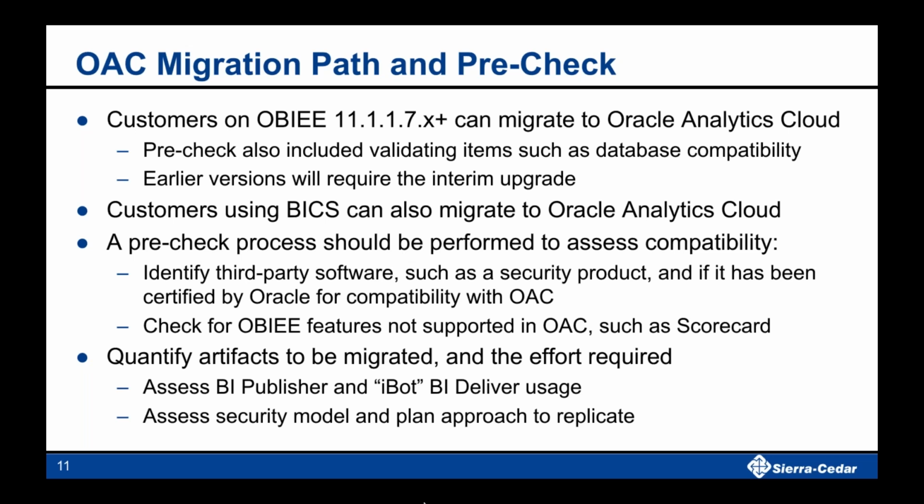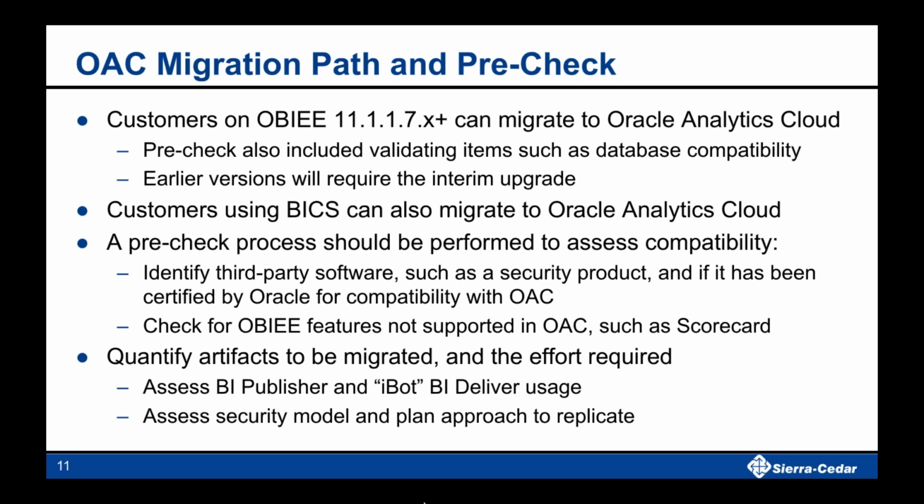Also, this pre-check will help us quantify the artifacts that need to be migrated: the number of reports we have, how many complex reports, whether we are using any BI Publisher reports, and how we are using delivers. Are we using a delivers setup that runs every 2 minutes or 1 minute, and what kind of security model are we using?